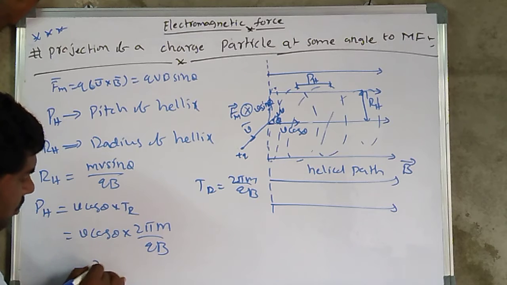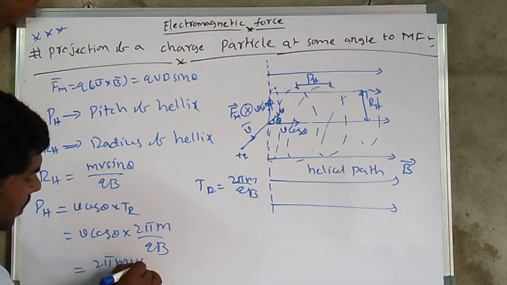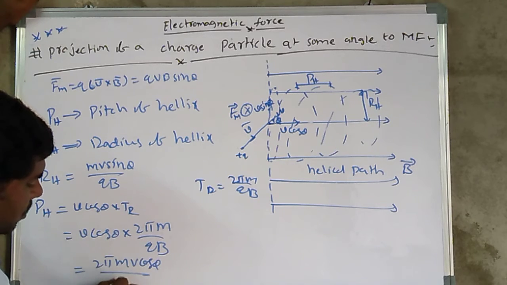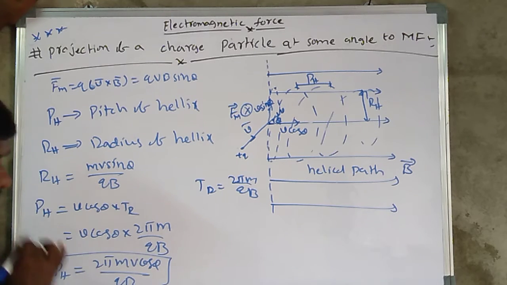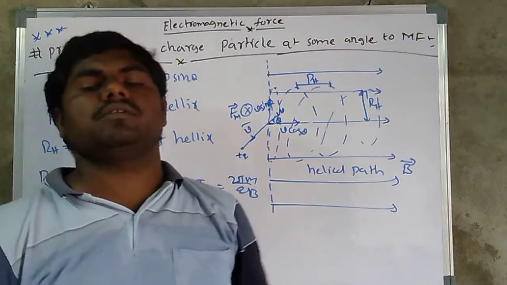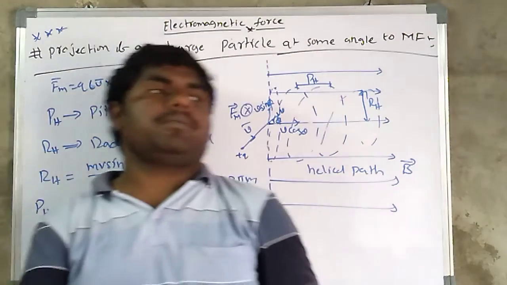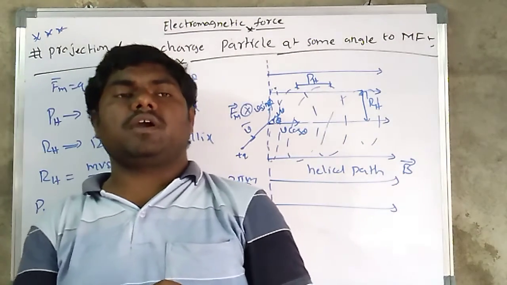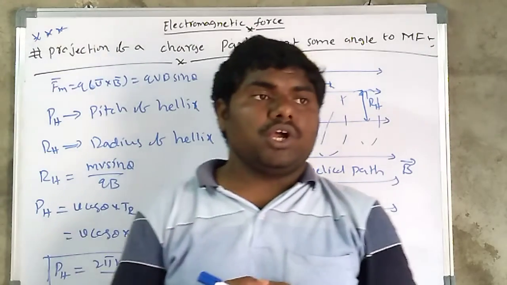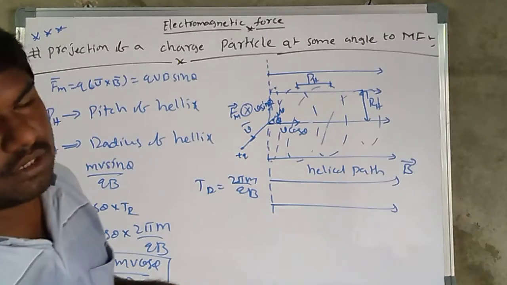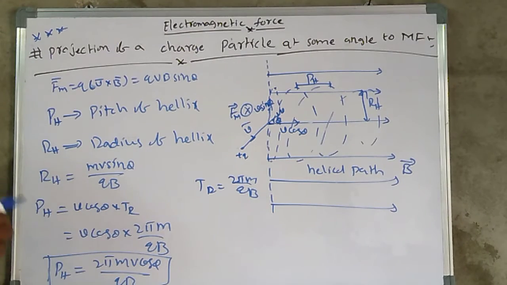The final value is 2 pi m v cos theta divided by qB. This is the pitch of the helix. It is the distance covered by the particle along the direction of magnetic field during one rotation or one revolution.